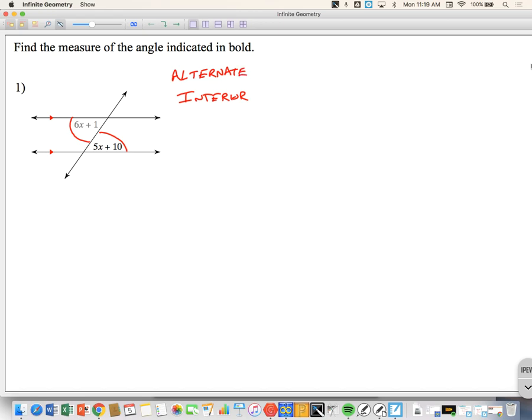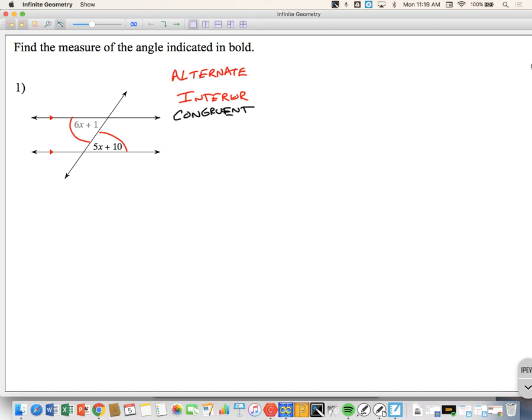So the relationship between these two, as we discussed on Friday, is that they're alternate interior angles. Because we've identified them as alternate interior, we know that those angles are congruent, which means they have the exact same angle measure.